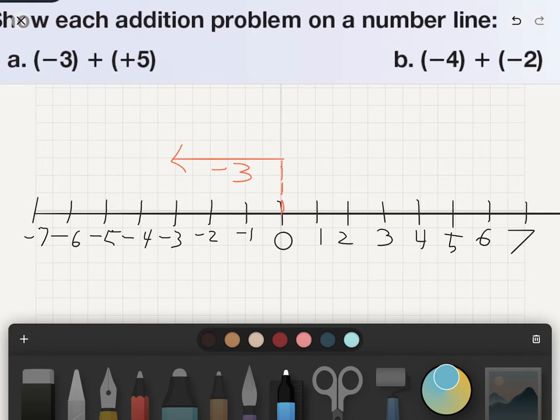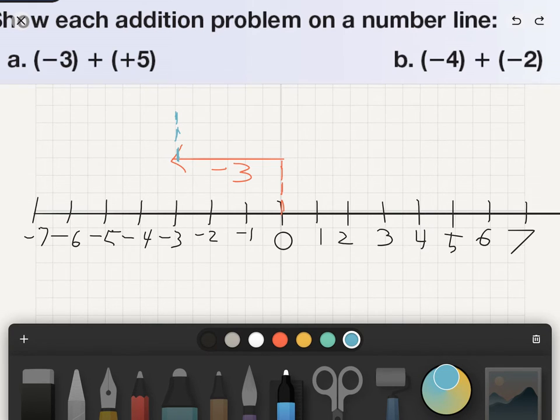Then, once we are done with that, then we combine that with a value of +5. So we can make our little dashy line up here, and then go to the right 5 integers.